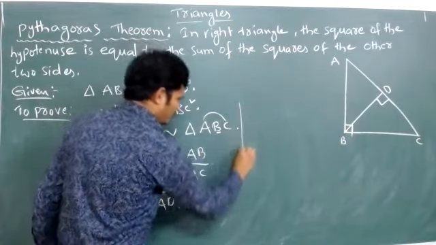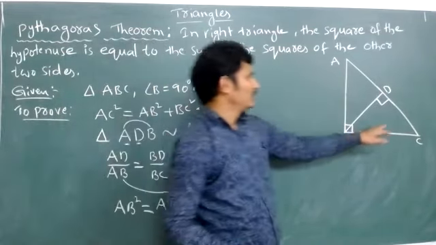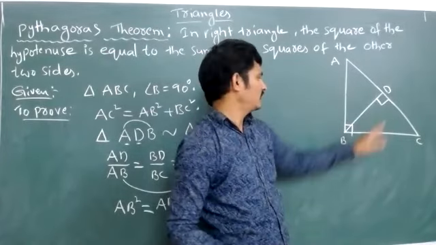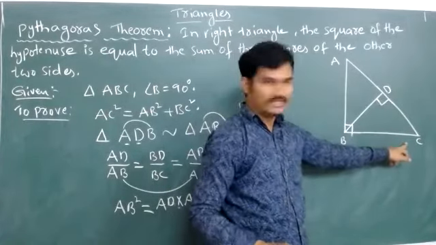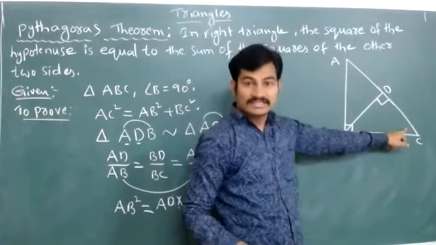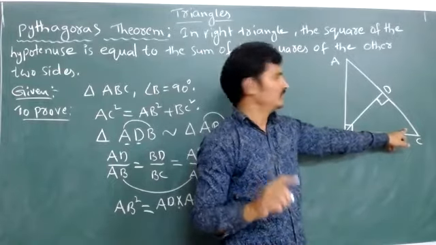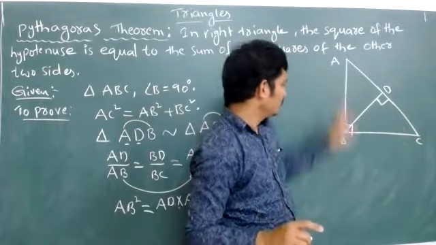Now, check triangle BDC. In triangle BDC, angle C is common with triangle ABC.